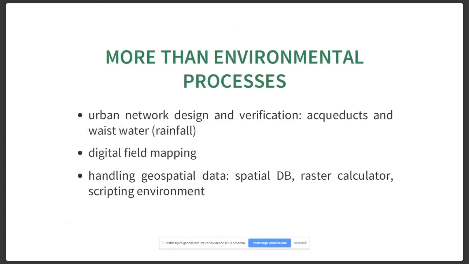There is the urban network design and verification. For example, it is possible to design and verify the network of aqueducts, water supply systems, and wastewater for rainfall in urban systems.